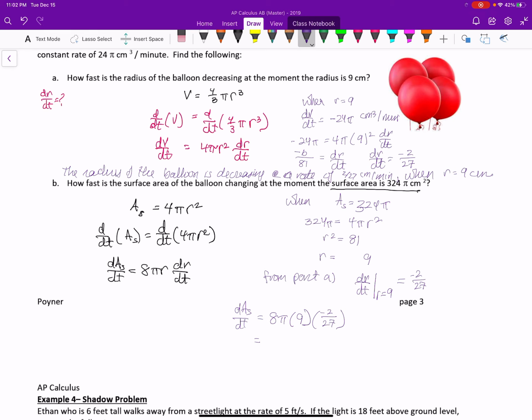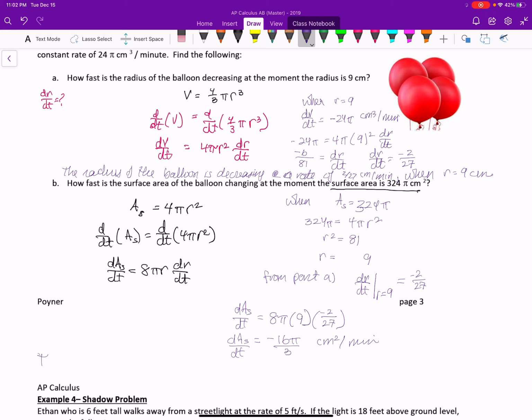So let's see, does it simplify a bit? Yeah, that gives me negative 16 pi over 3. And that's surface area, so that's square centimeters per minute. And it's decreasing, which still makes sense because the surface area would also get smaller as the balloon deflates.